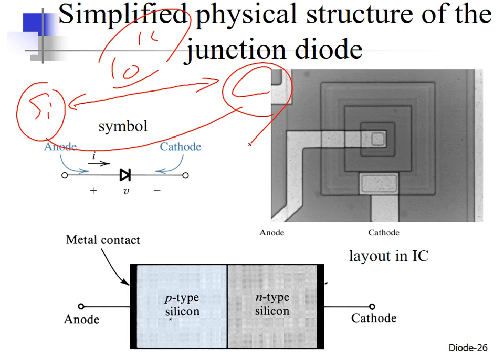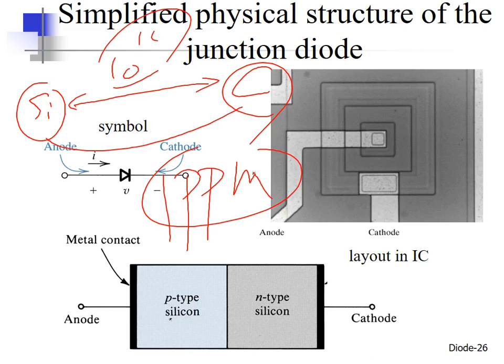If I doped 1 ppm, ppm means very small, right? Very small. But 1 out of 1 million. Wow.